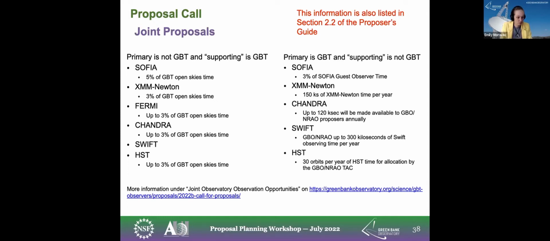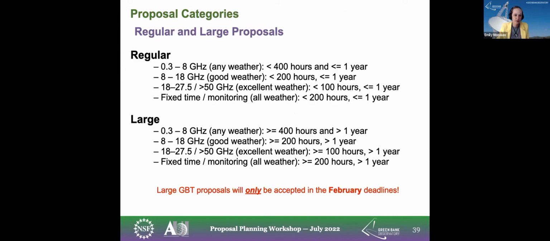So you get the primary, and then you can also request the supporting type. In all cases, there's eligible funding for joint proposals, and there are other limits for other telescopes. So consider also asking for some complementary time or supporting time with another telescope.